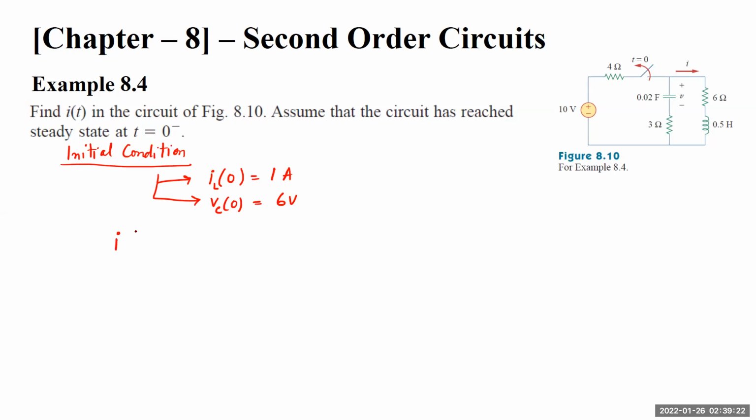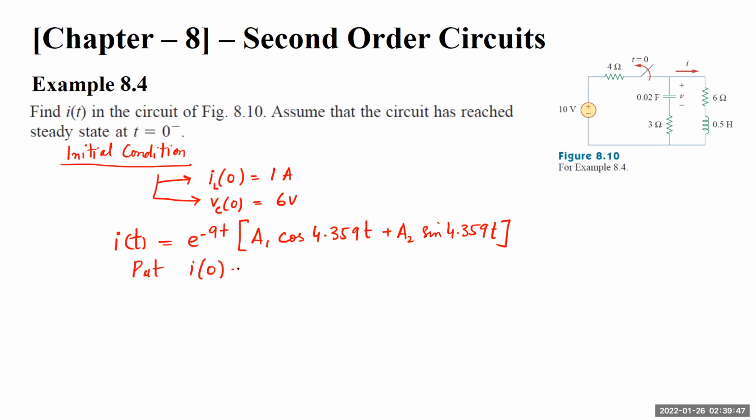So first, the current that is flowing, the response equation for an underdamped case, is e raised to power minus 9t A1 cos of 4.359 t plus A2 sine of 4.359 t. So now let's put in the first initial condition: I of 0 equals 1. Just replace t with 0.